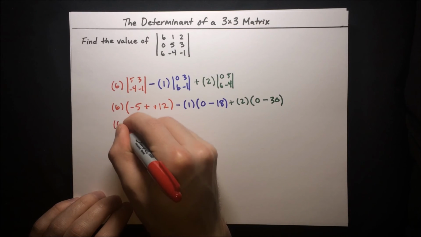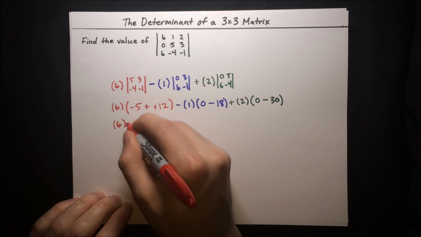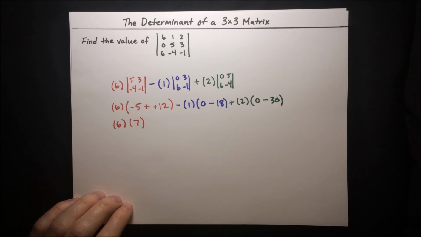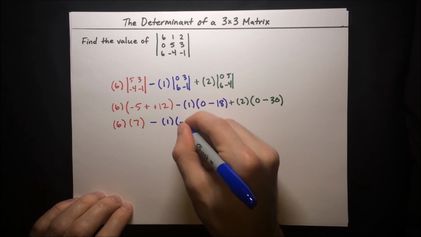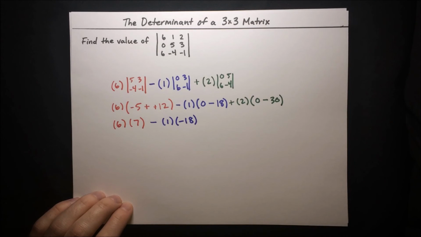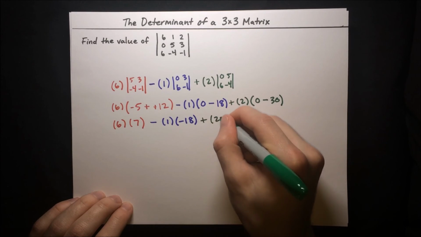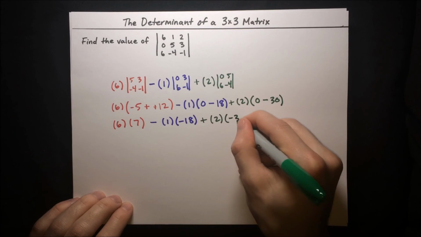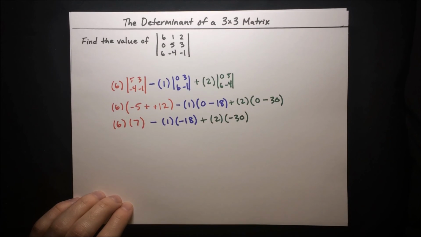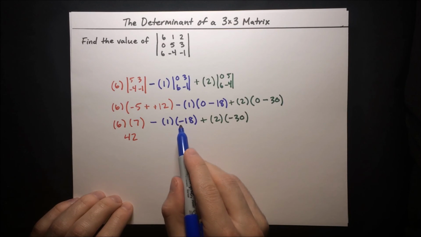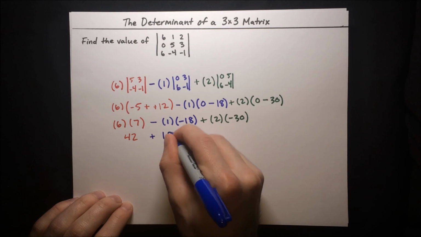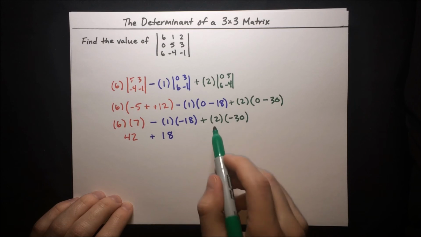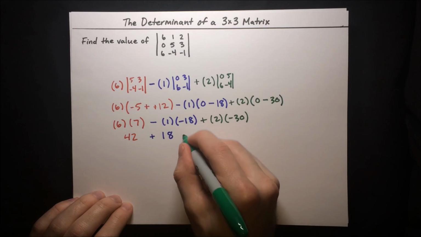So this is 6 times -5 plus 12 is just 7, and then minus 1 times -18, and then plus 2 times -30. 6 times 7 is just 42, and then minus 1 times -18 is really just minus -18, which is the same thing as plus 18, and then plus 2 times -30, that comes out to minus 60.